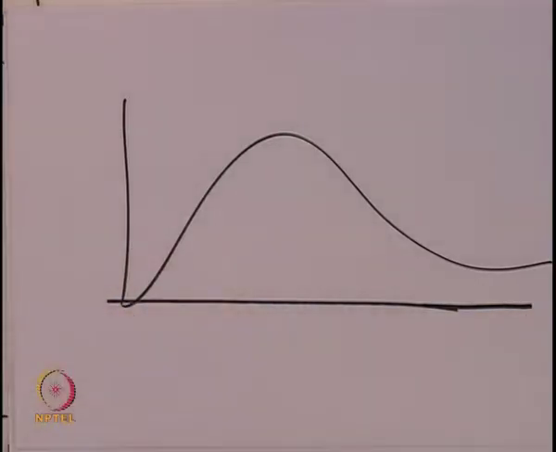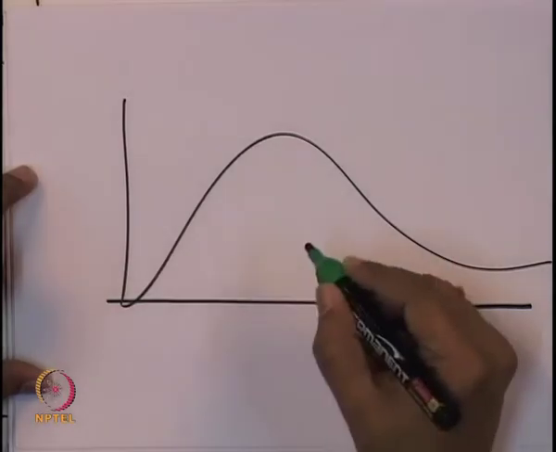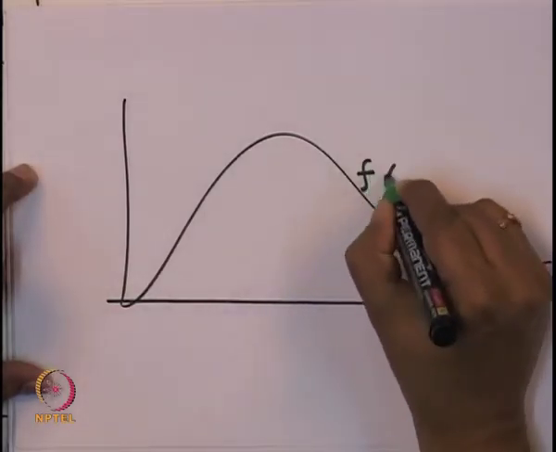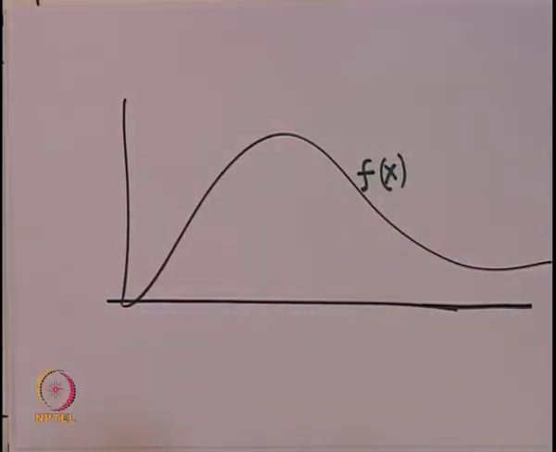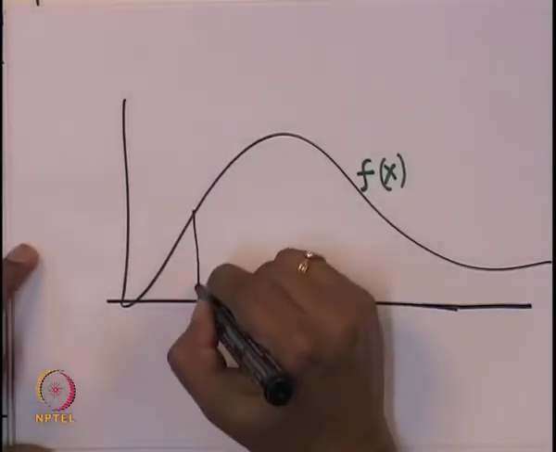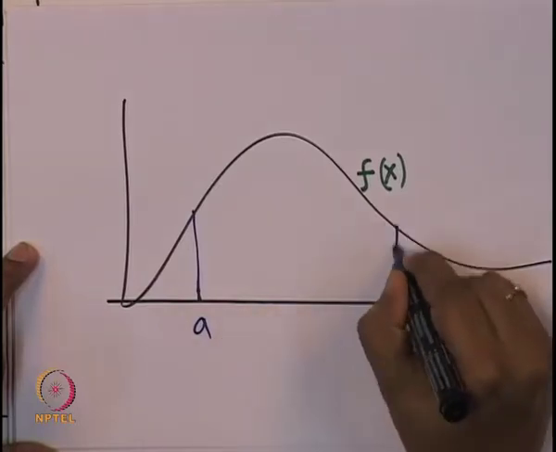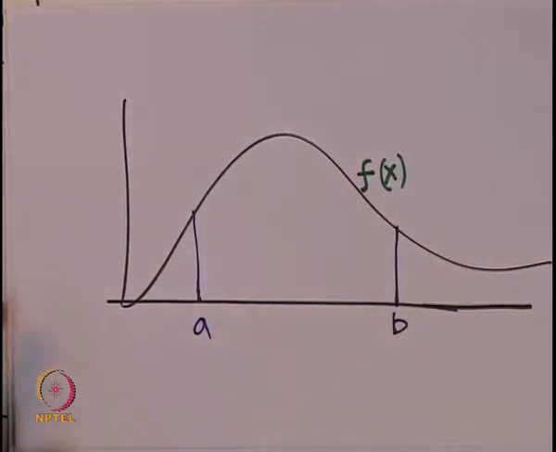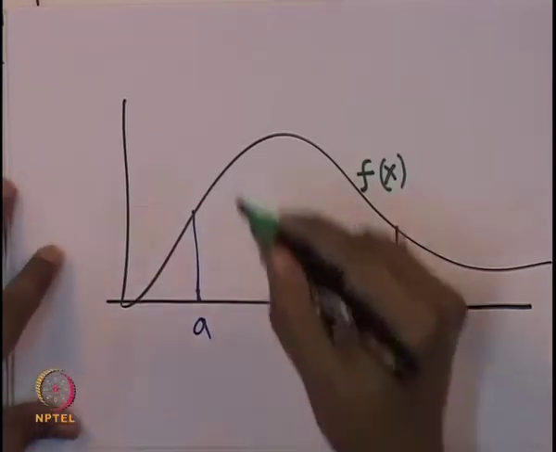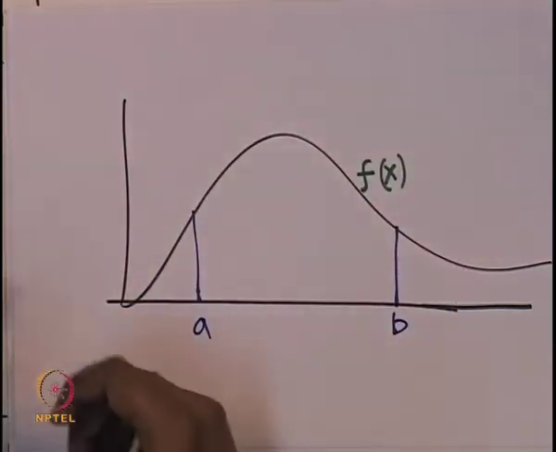Now, we want to have some integral of this function. Let me call this function f of x, and we want to integrate this function between this point and this point. Let us call this a and this b. What we want to calculate is the integral of f of x dx from a to b.